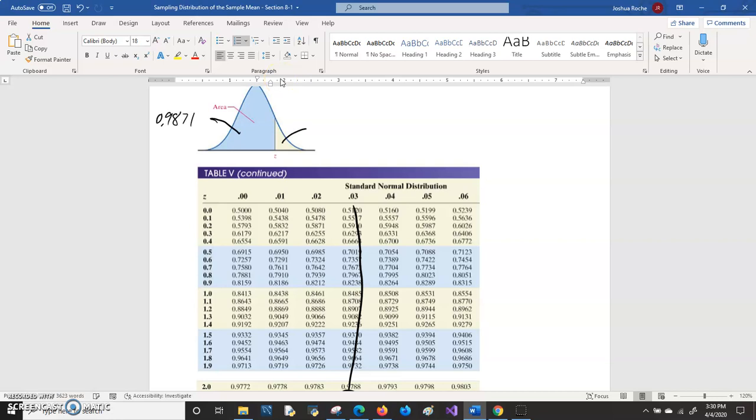And we want the area to the right for this problem, so we'll do the complement. So that's going to be 0.0129.